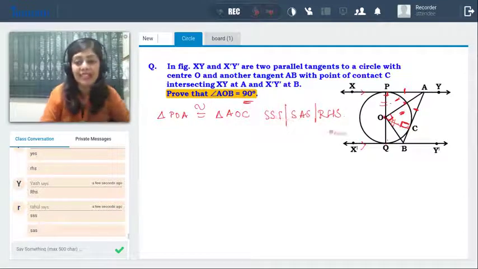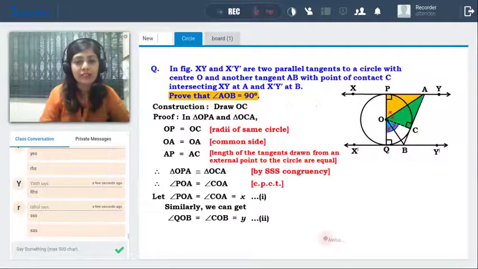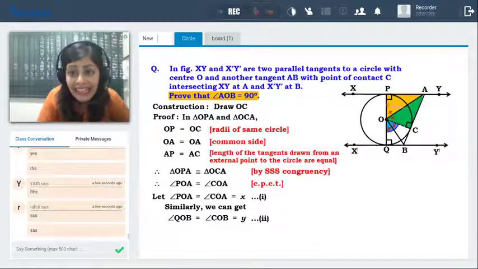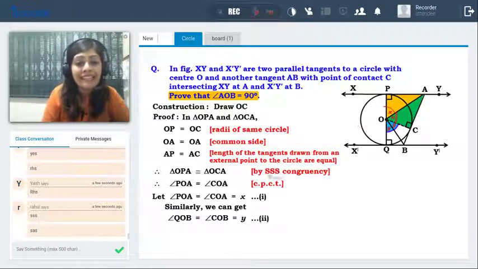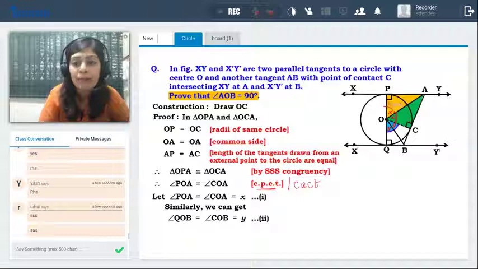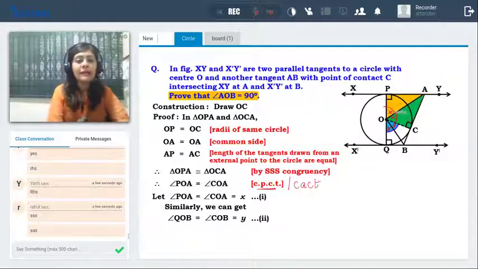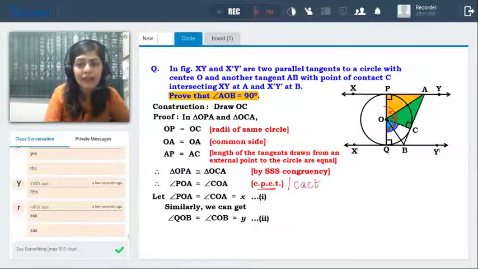What we are interested in is, students, pay attention, once the two triangles are congruent, can I say that angle POA is congruent to angle AOC by CPCT? Yes, what have I said? Once the two triangles are congruent, POA is congruent to AOC by CPCT. So can I mark them as X and X? Yes, definitely.